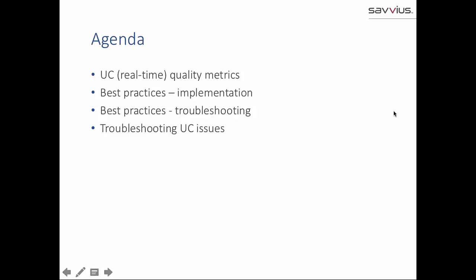So the agenda: just a quick review, far fewer slides than last time, of the quality metrics that are involved in monitoring, managing and troubleshooting unified communications. Then look at some best practices from an implementation standpoint. Certainly we have experience here.